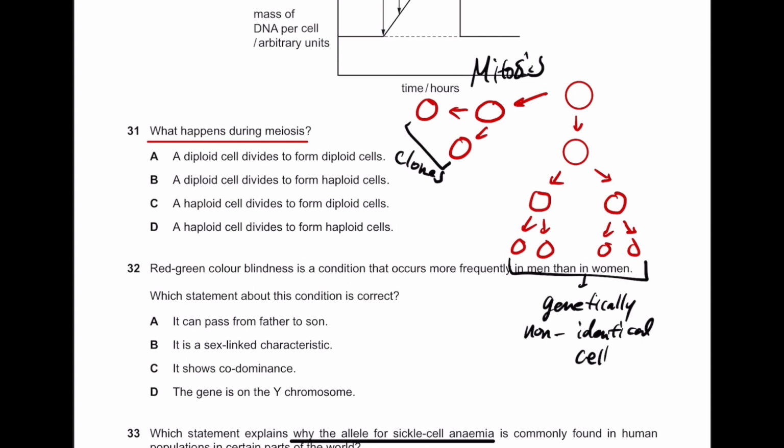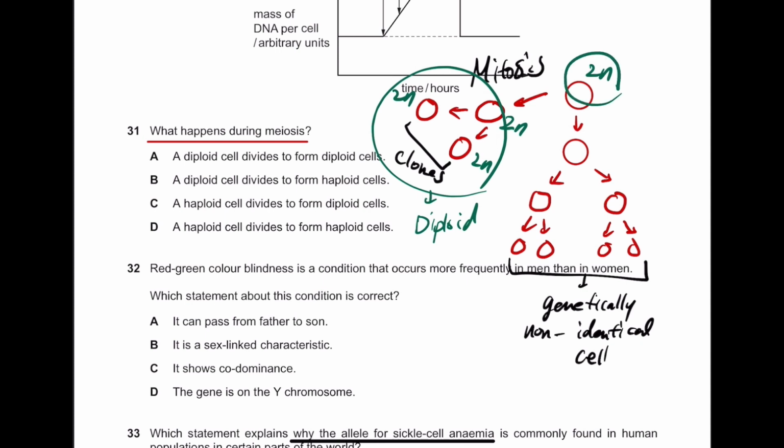And also, since they produce exactly the same clones, the chromosome numbers are the same as well. So the product of mitosis is always diploid. So a cell always starts from a diploid, and then during mitosis they produce their clones. So they should be diploid as well.